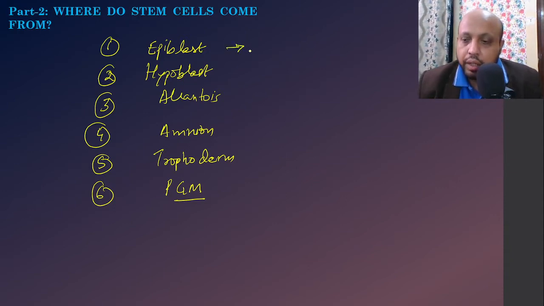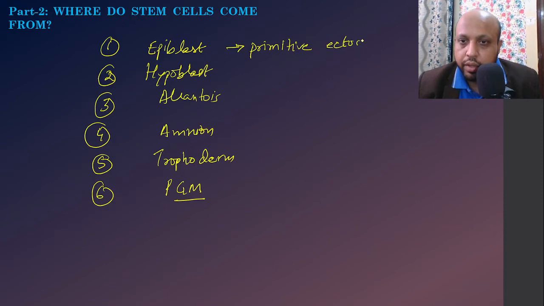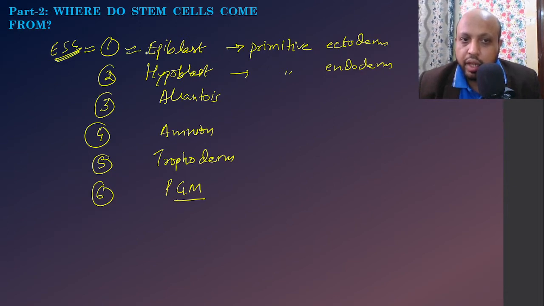So what is the epiblast? The epiblast is the primitive ectoderm. The hypoblast is the primitive endoderm. In fact, the epiblast is the cell type from where the embryonic stem cells are derived, so the epiblast is equivalent to embryonic stem cells.